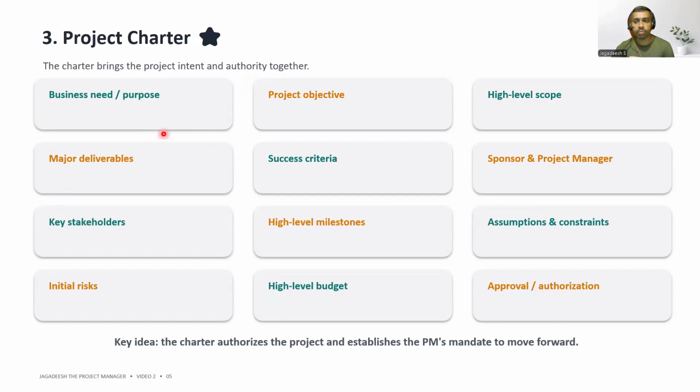For a MedDRA automation project, I would want the business purpose or business need, project objective, high-level scope, major deliverables, success criteria, sponsor and project manager, key stakeholders, high-level milestones, assumptions and constraints, initial risks, high-level budget, approval and authorization. The key idea is that in an interview, I would explain the purpose of the charter rather than simply listing out the fields.